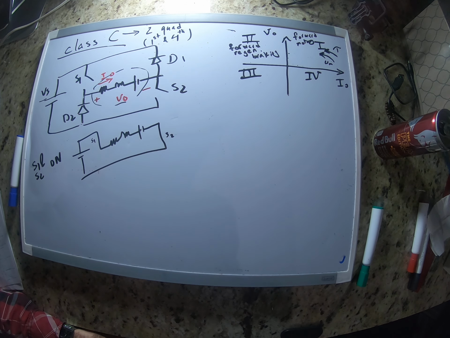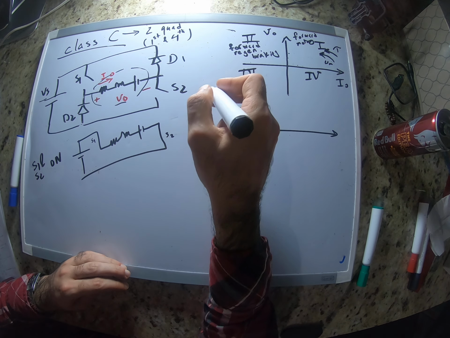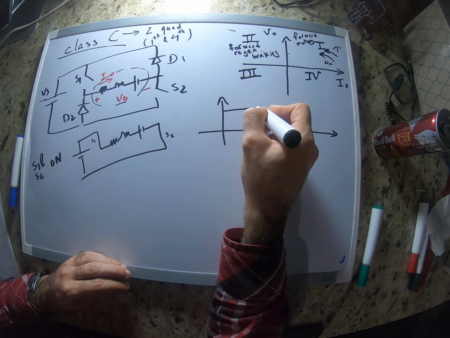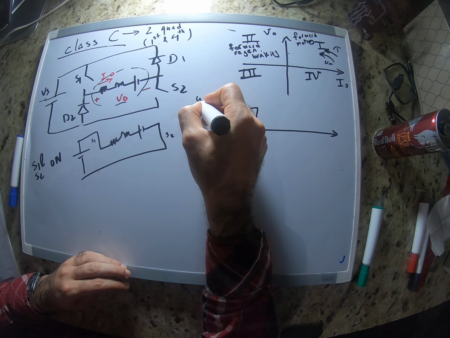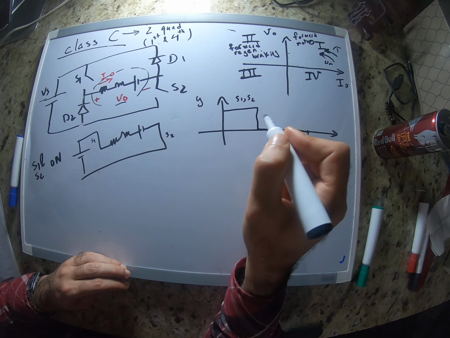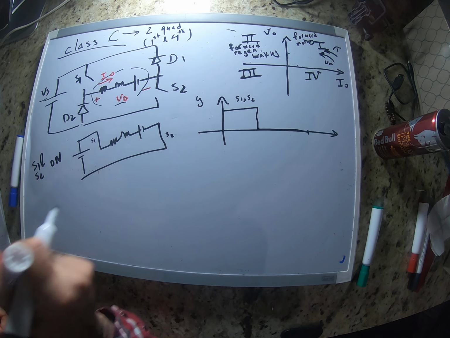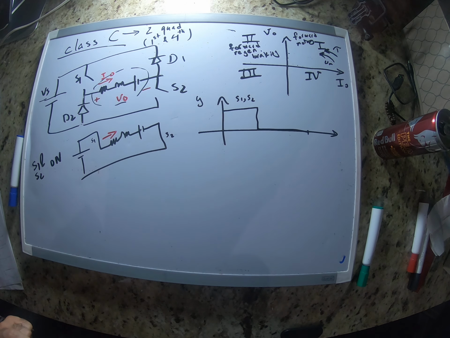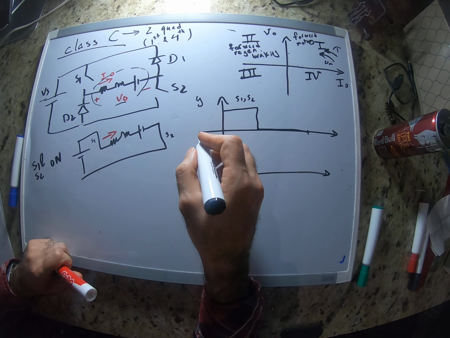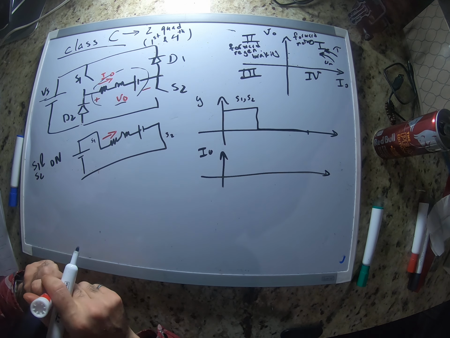So in this case, when S1 and S2 are both on, let me just do it like this. These are the gate signals. This is S1 and S2 both on. And this is when both of them are off. In this case, the direction of the current is going to be this way. The inductor is going to charge, right? So let me draw the output, the current of the inductor, which is the same as the output current.